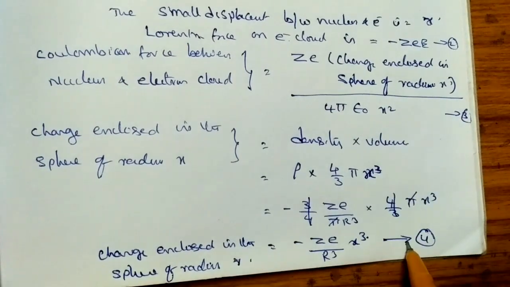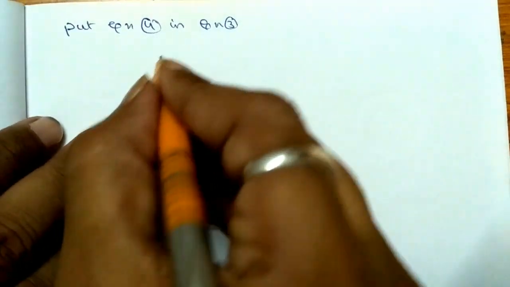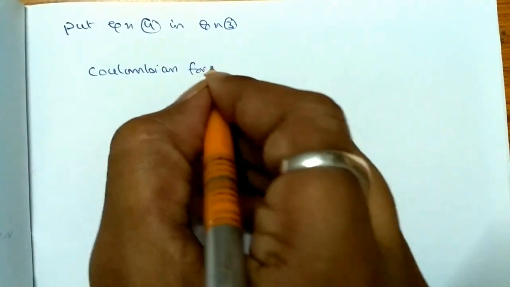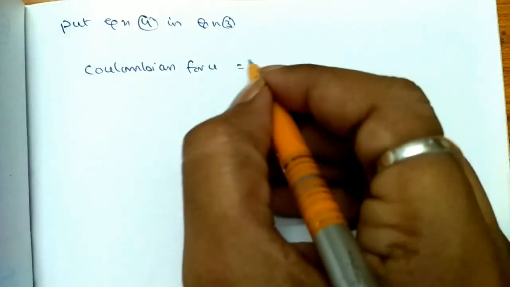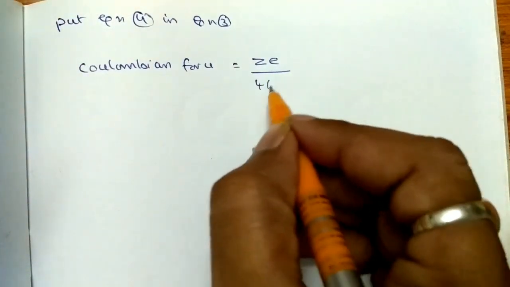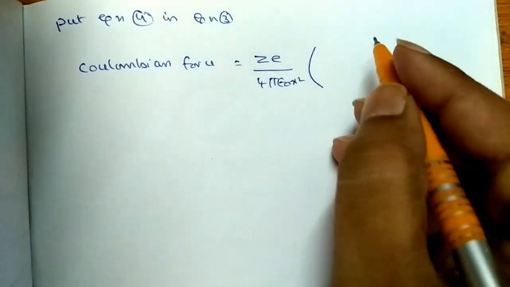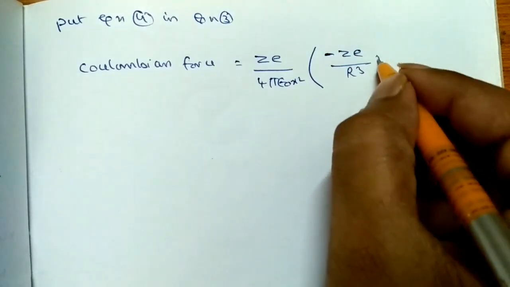Now put equation 4 in equation 3. Then the Coulombian force is equal to Ze into, that means Ze by 4 pi epsilon naught into x square, into the charge enclosed in the sphere, which is minus Ze by R cube into x cube.